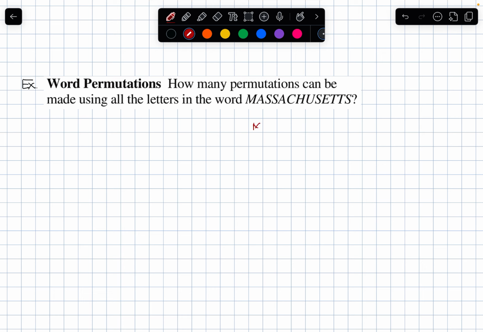I have M, A, S, another A, a C, H, U, another S, an E, a T, and then another S. And then below that, I'm going to calculate how many times they appear.